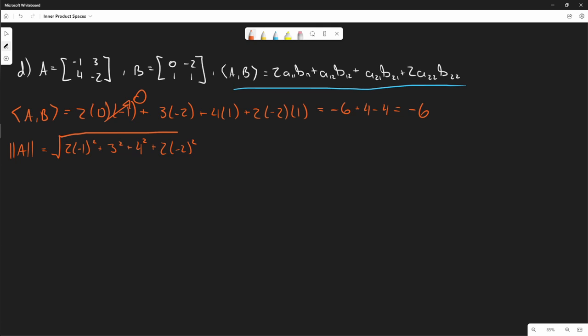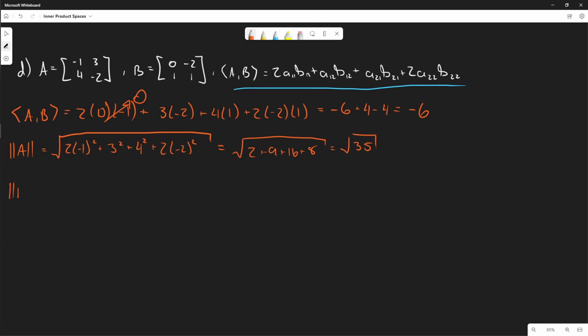And so that would just be all under the square root, which would be the square root of 2 plus 9 plus 16 plus 2 squared is 4, 8. And so that would be 2 plus 9 is 11, 11 plus 16 is 27, plus 8. It is the square root of 35.